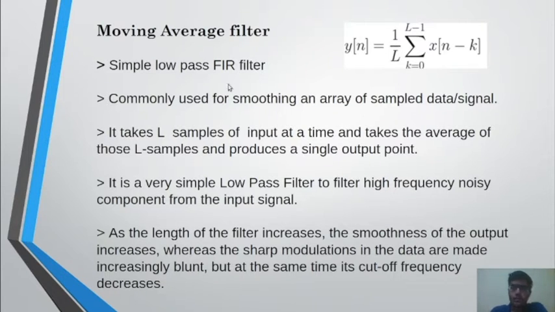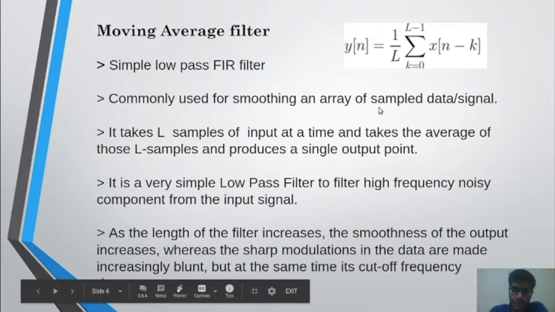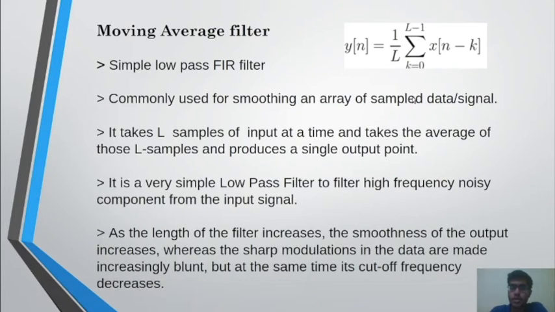Now it's a very simple low pass filter as it's able to filter out the high frequency noisy component from the input signal. This is because as we are taking an average of a few samples of the signal, the smoothness of the output is also increasing, and the sharp modulations which were present in the data are made increasingly blunt. The sharp modulations are caused by the high frequency component of the signal.